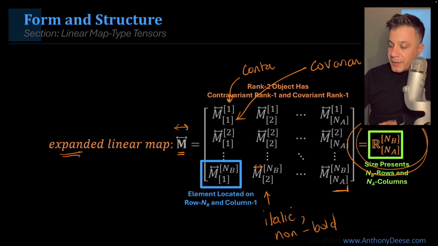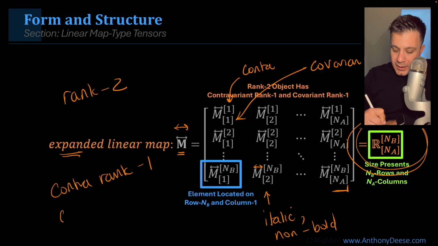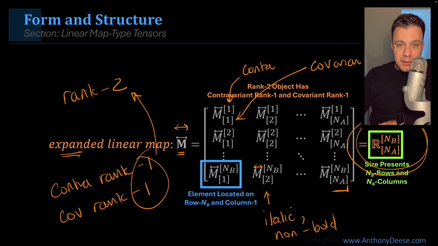The height is n sub b, and the width is n sub a. So this is a rank 2 object. It has a contravariant rank 1 and a covariant rank 1. These two numbers should add up to give us that number.